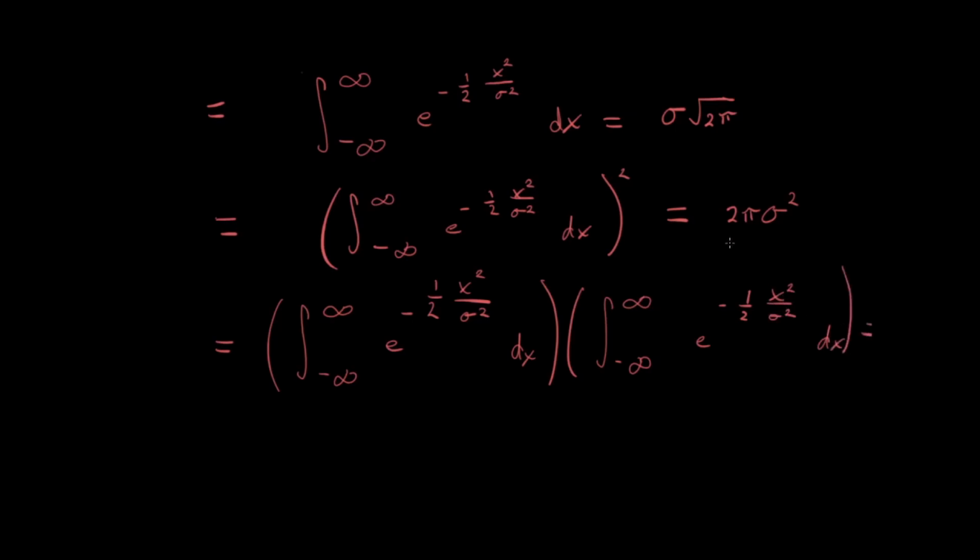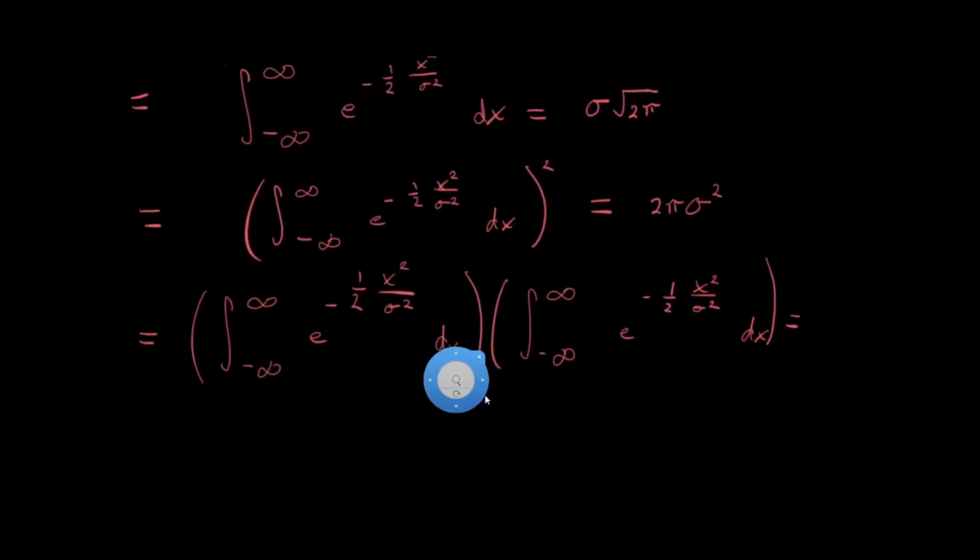And this is still, and you probably can't see that, hang on one moment, we'll just shift this over a bit to the right, equal to 2 pi sigma squared. Okay, you can see that.